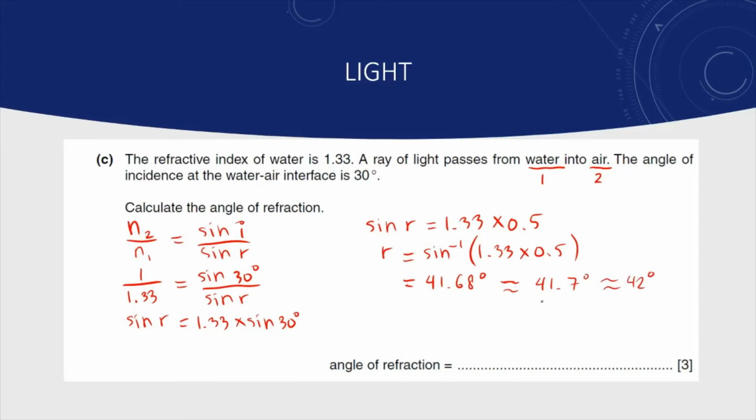You can use either answer because usually we can use one significant figure more than the significant figures used in the problem. So angle of refraction equals 41.7 degrees or 42 degrees.